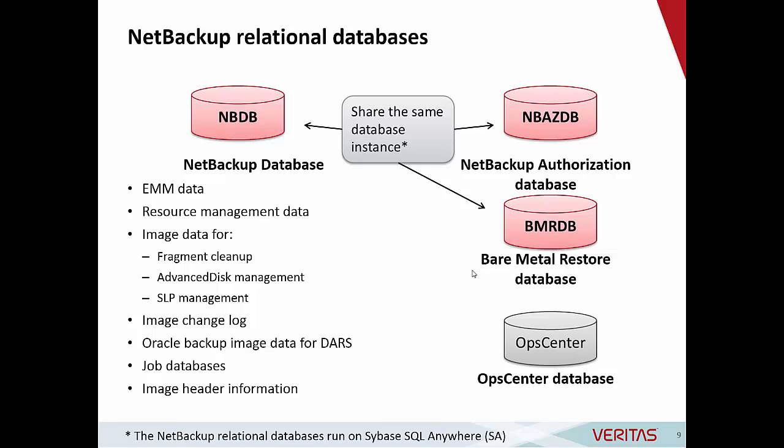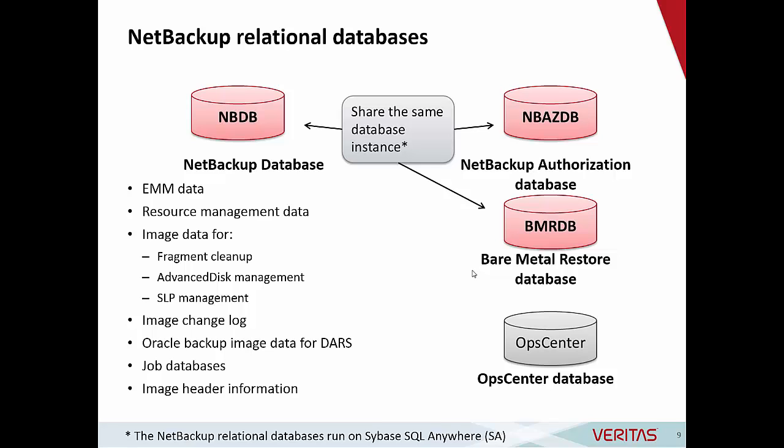And as we've mentioned, the information stored in the NetBackup database when it was first deployed was just media manager information, but since then we've added all sorts of stuff: resource management data, image headers, image change logs, Oracle information for DARs, and also more recently Oracle information that supports faster cross-checks between the RMAN catalog, the job database that just got added very recently.